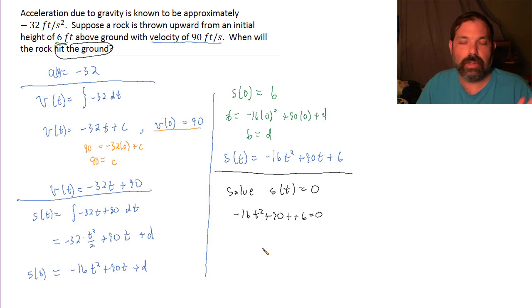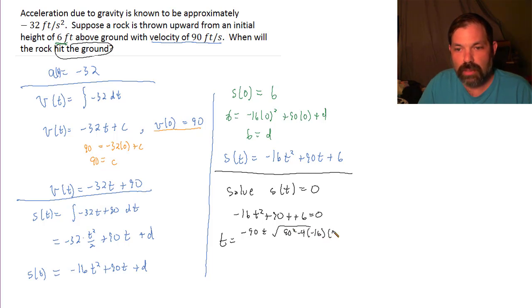I'm not even going to try to figure out if this factors. I'm going to go straight to the quadratic formula. T equals negative 90 plus or minus the square root of 90 squared minus 4 times negative 16 times 6, over 2 times negative 16. All right, and we calculate these values.